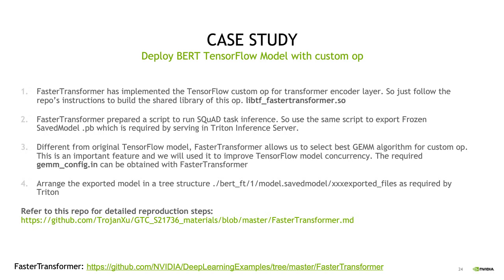What we need to pay attention to is that this implementation allows you to select GEMM kernels. So you have to prepare the gemm_config.in file to select the best kernels for the Tesla T4, and then arrange the exported model in a tree structure.